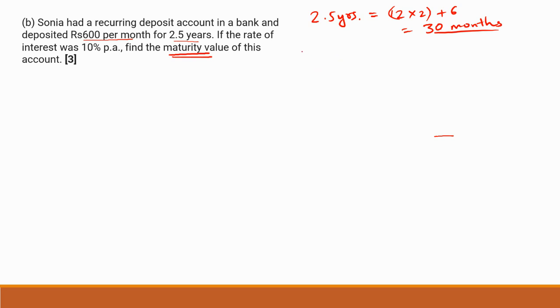Basically, there are 30 months out there, and this is the 30th month. The first month she deposited 600, the second month she deposited 600, the third month she deposited 600. So this is how it goes. Okay, so let's do the problem.